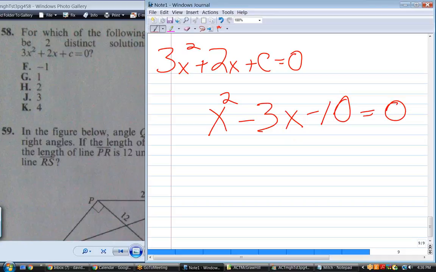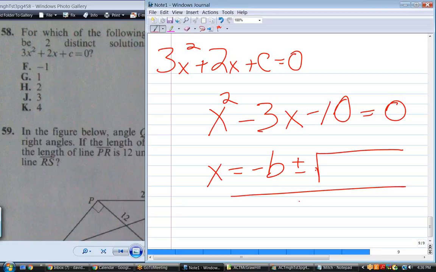What do I have to look at to tell that? It's called the discriminant. What's the quadratic formula? It's minus b plus or minus a square root of b squared over 2a. Everything that's inside that radical is the discriminant. Okay. That part right there.